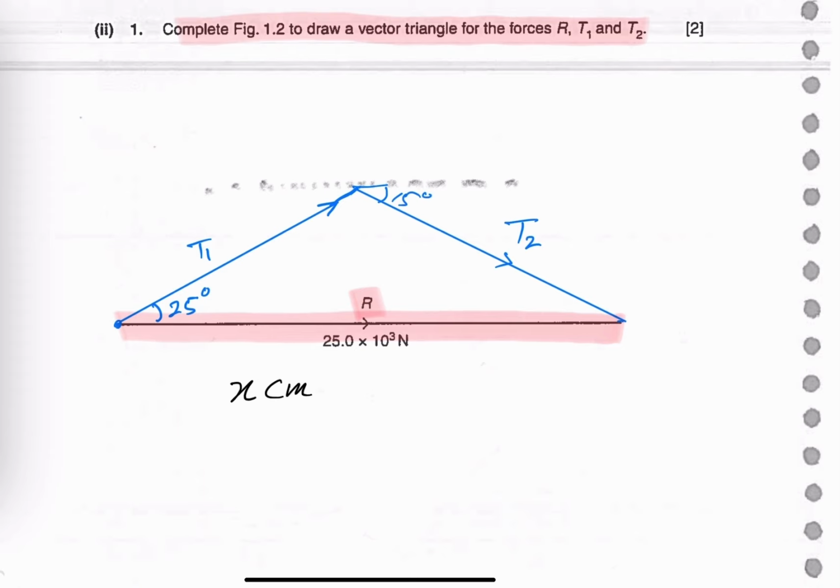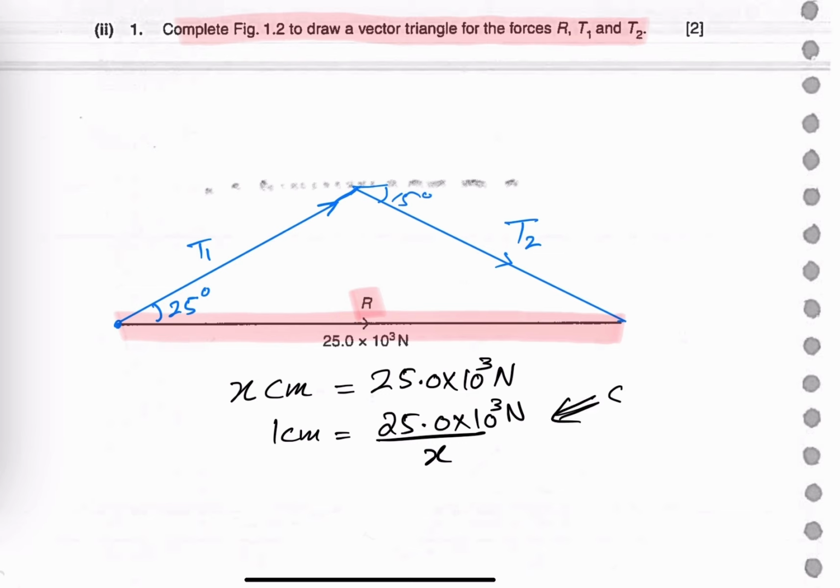So x centimeters equals 25.0 times 10 raised to power 3 newtons. Okay, so 1 centimeter will equal 25.0 times 10 raised to power 3 divided by x. So this will give you a scale.